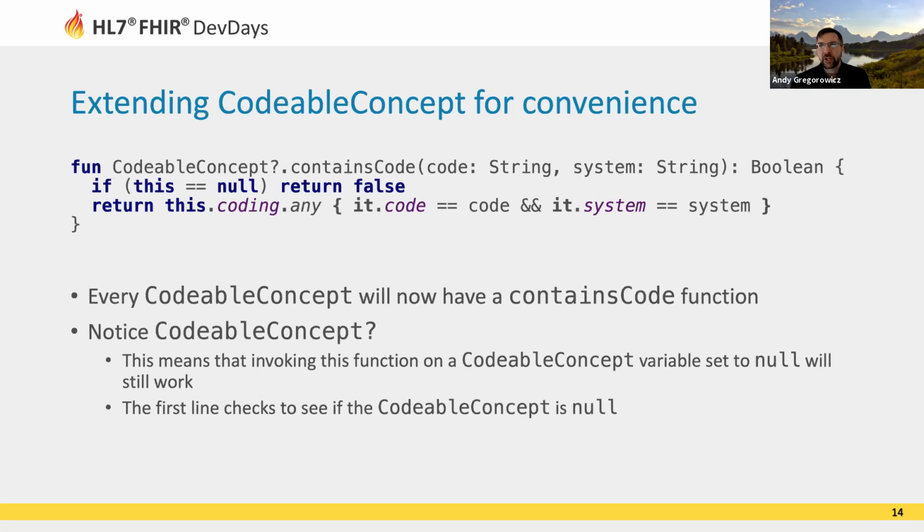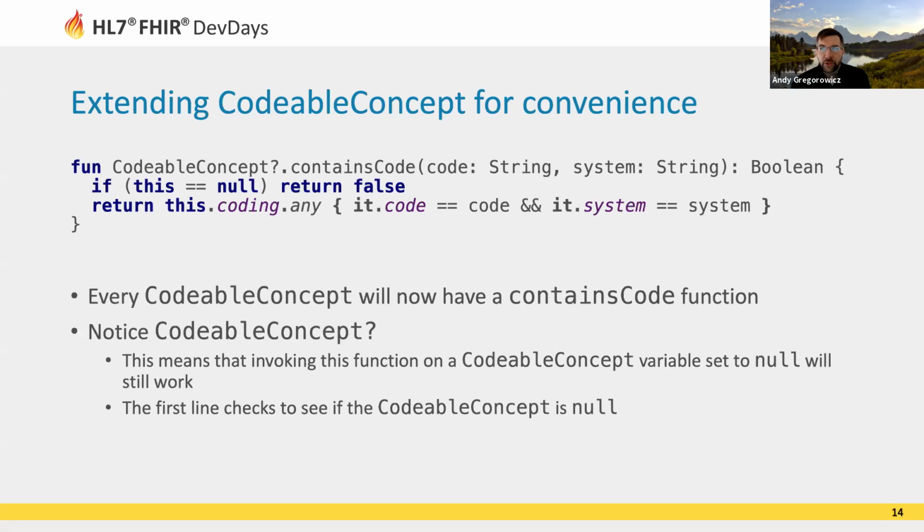This is an extension function that I wound up defining in the project that I was working on. I have this thing called contains code, which returns a Boolean. I can pass in a code and a code system, and it will check a codable concept to see if that code and code system are present.